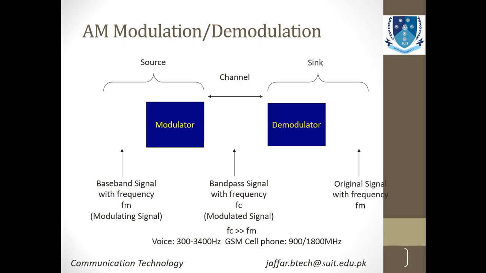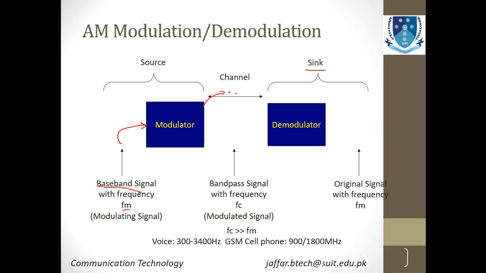Let's say you have a source, which is your transmitting end, and this is your receiving end, the destination, or the sink. In modulation, as you know, we superimpose a baseband signal with a small frequency fm on the carrier signal. The modulator superimposes this low frequency signal on a high carrier frequency signal, and the signal is then sent into the channel.